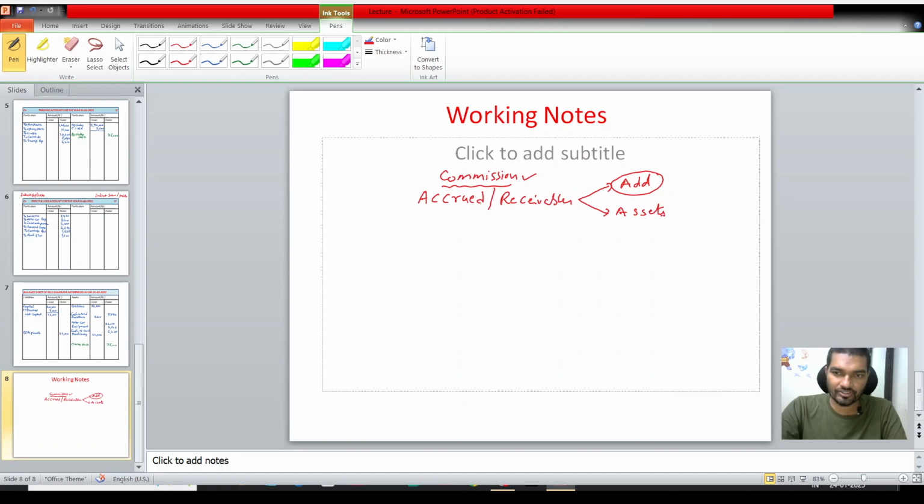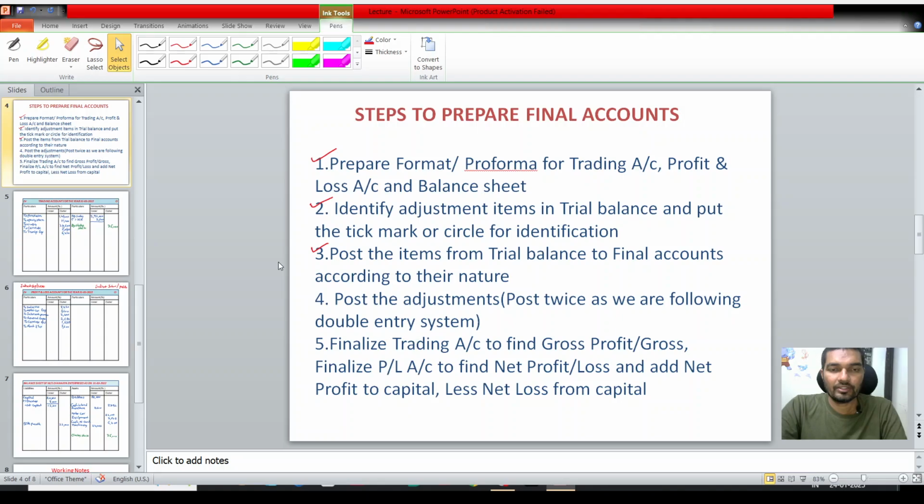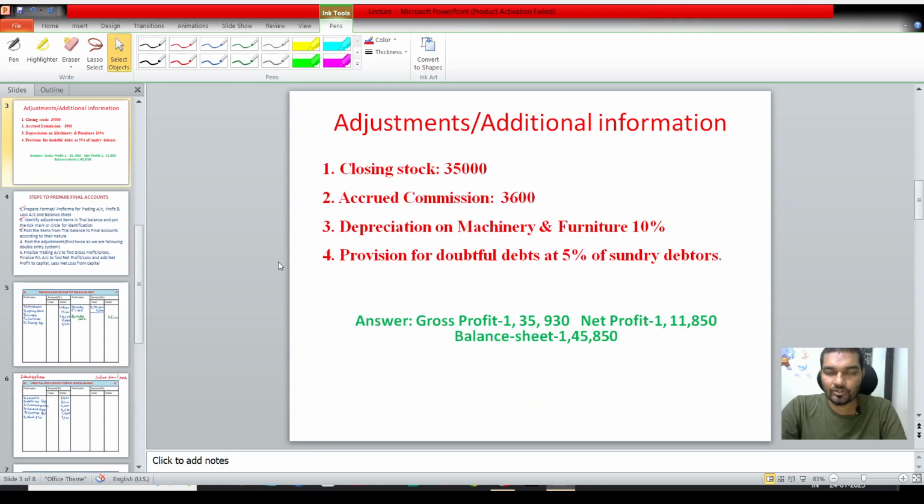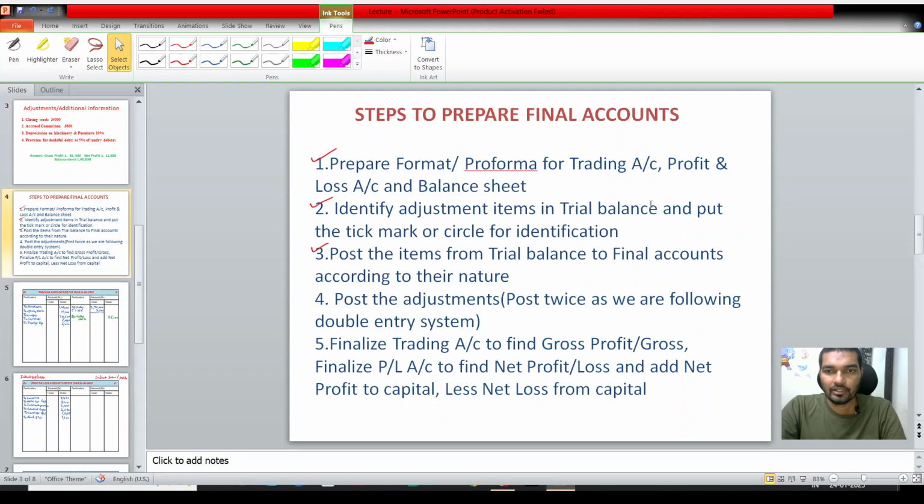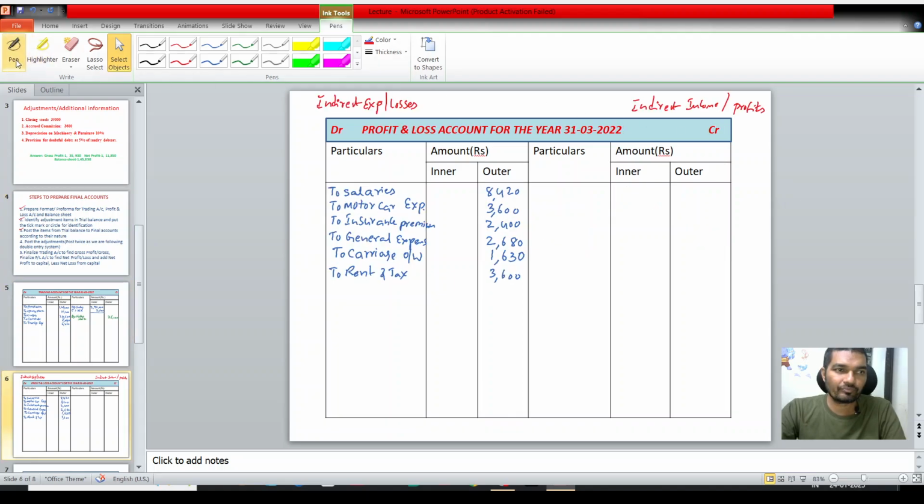Receivable is always an asset. Here in the P&L account we have to add it. That particular commission is not given, so directly we can show it as by accrued commission. The amount of commission is 3600.